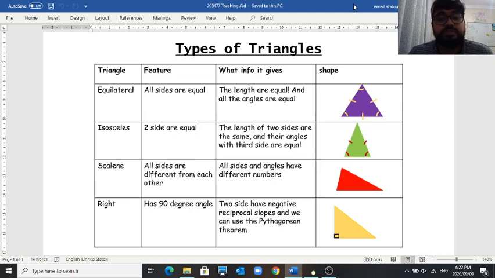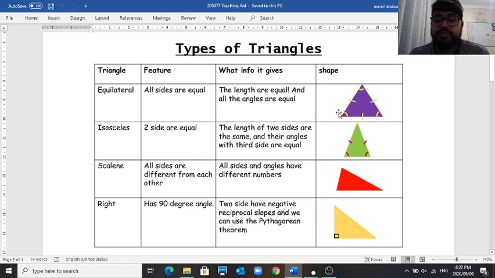So our first triangle is the equilateral triangle, and what is noticed with the equilateral triangle is that all sides and angles are equal. If you look at where the mouse is, the side along the mouse is equal to the other side, which is equal to the third side.